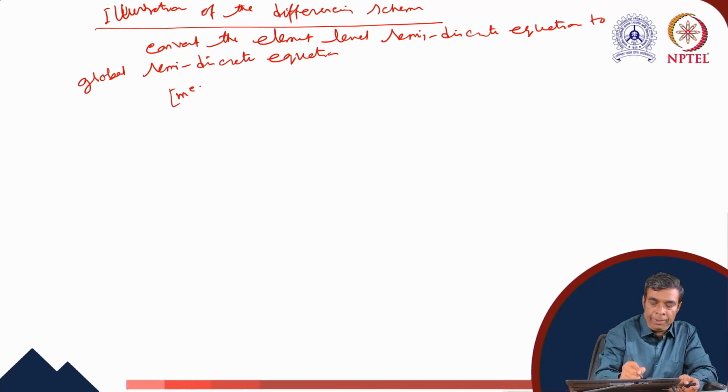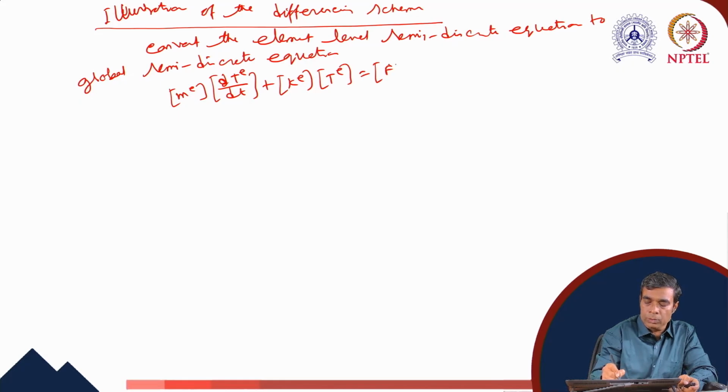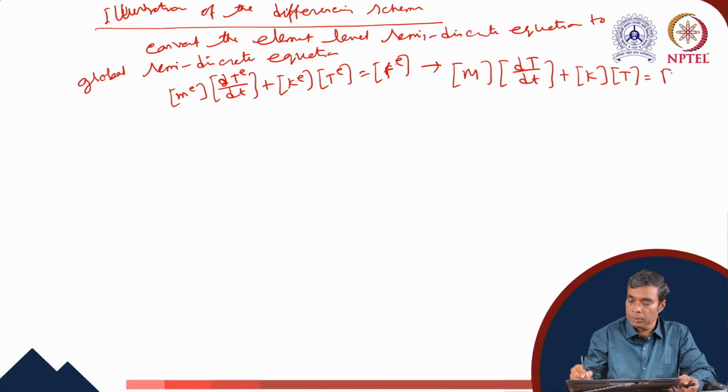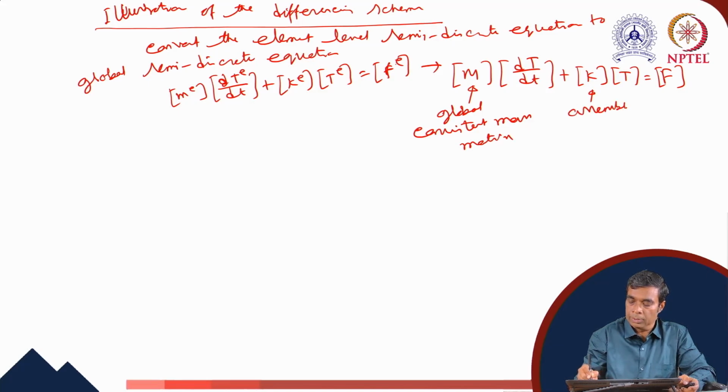So M^e dT^e/dt plus K^e T^e equals F^e is represented as M dT/dt plus K T equals capital F. So this is the global consistent mass matrix, the assembled or global stiffness matrix, and here it is the global load vector.